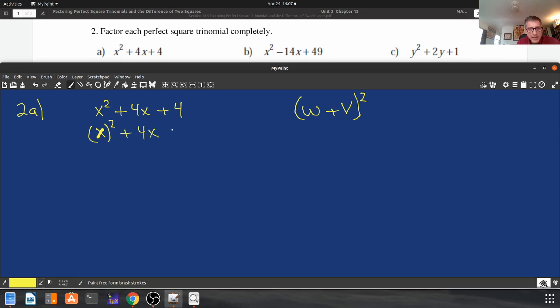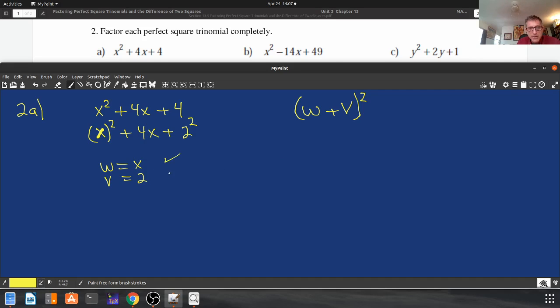And if I let v equal 2, the last term is 2 squared. So w is equal to x, v is equal to 2. If you can see this without using this little formula, you're fine. You don't have to introduce new variables, but I like to do pattern matching, and that's what we're trying to do, is pretty much pattern match.